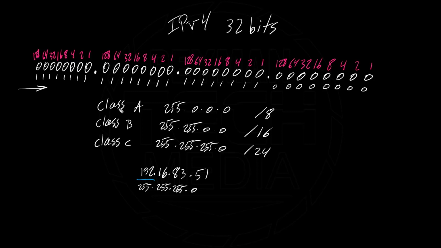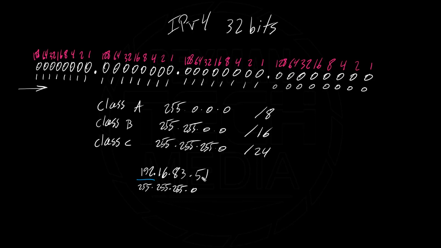Again, for class A, 255.0.0.0; class B, this is the default subnet mask; class C, that's the default subnet mask. So this IP address, 192, is a class C IP address because 192 falls into the class C range. And this is the default subnet mask for class C. So what does it mean?